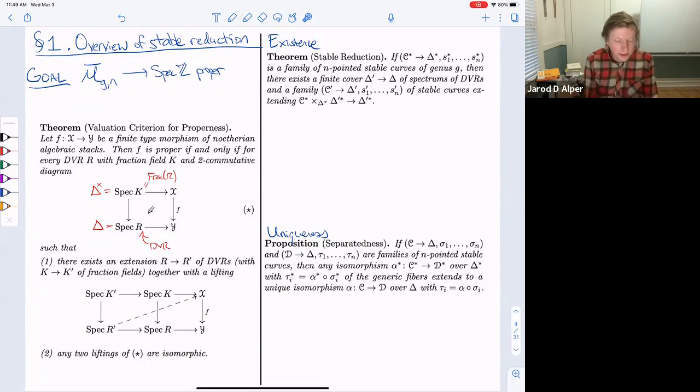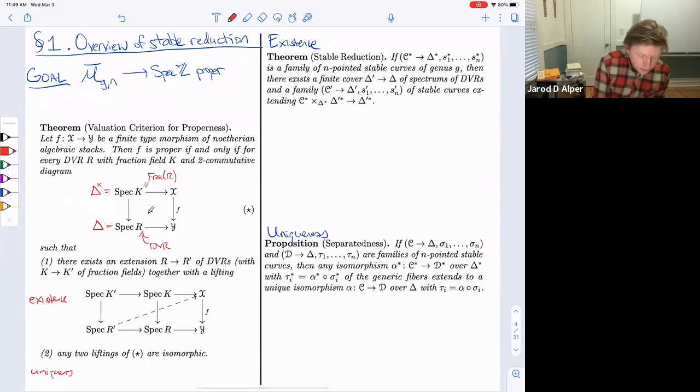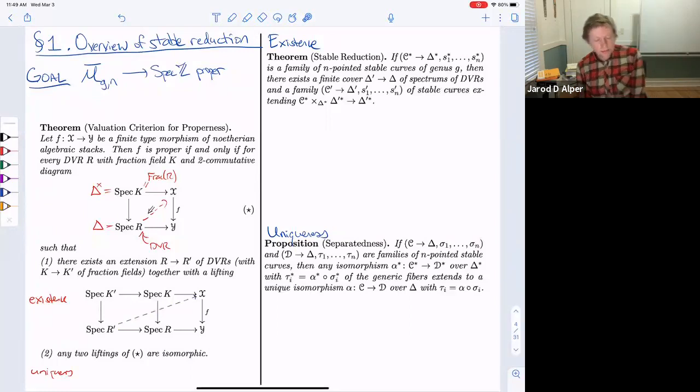Okay, and then there are two conditions that you need: the existence, which is 1, and then the uniqueness. For the existence, you want to find an extension, but because of the stacky phenomenon here, you have to allow for extensions of the DVR. To show the existence, you need to show that there's some field extension K to K prime inducing an extension of DVRs and a dotted arrow filling in that diagram.